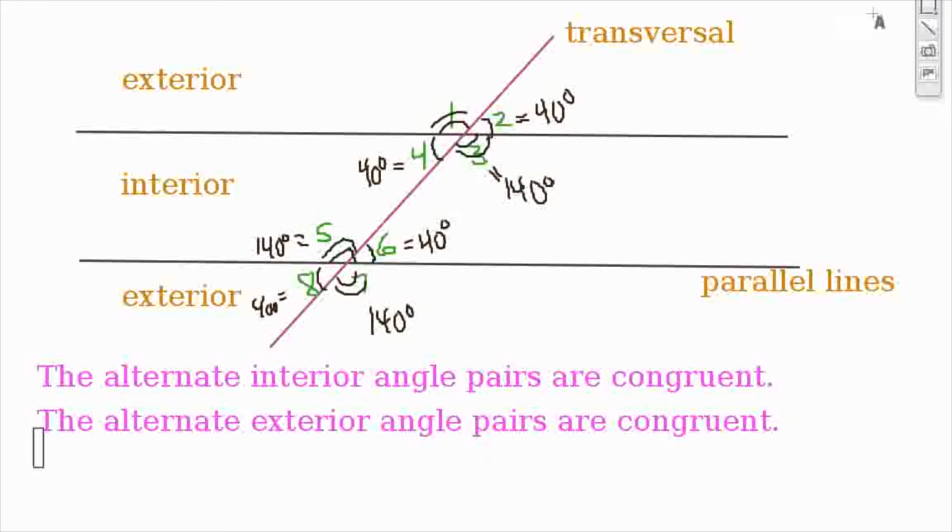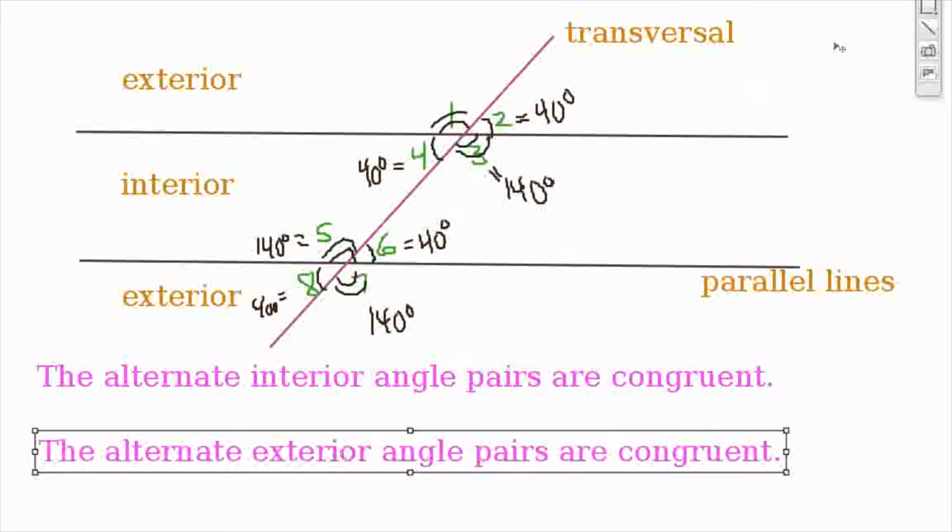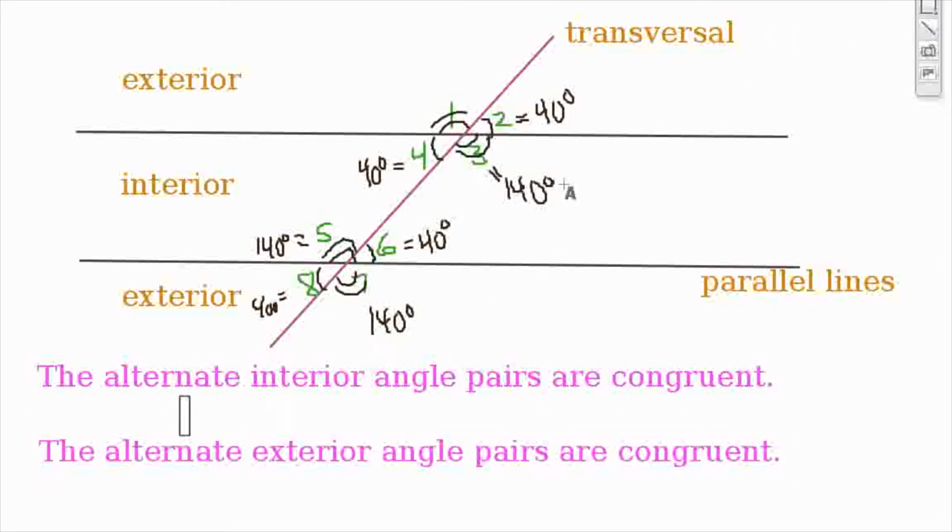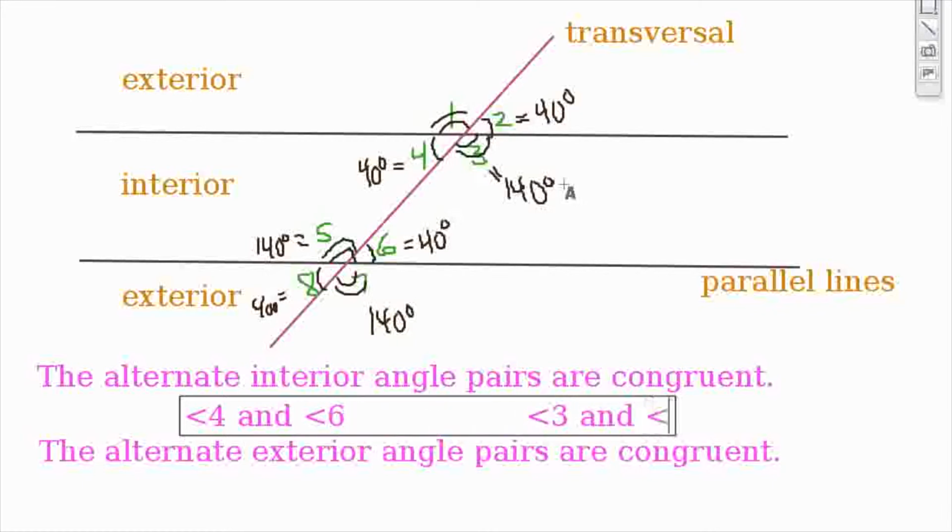Okay, and just in case you missed it, let me give examples of each of these. So the alternate interior angle pairs are 4 and 6, and then also 3 and 5.